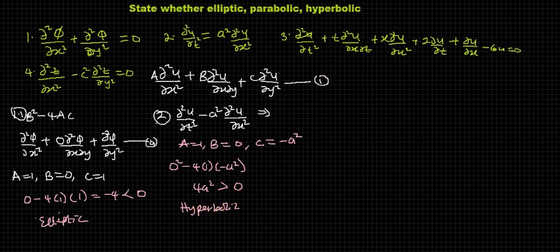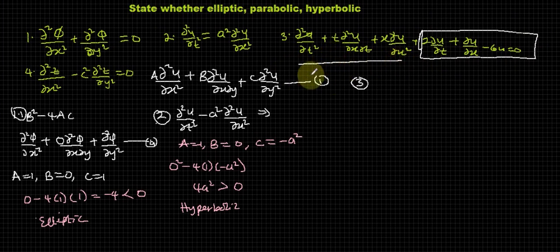Number 2 is hyperbolic. So let's go down to number 3. Remember, we are dealing with second order PDEs, so all of this side we are not going to look at. We only focus on these first 3 terms here. So we have a, clearly a is 1, and b is t here, and we have c to be x.